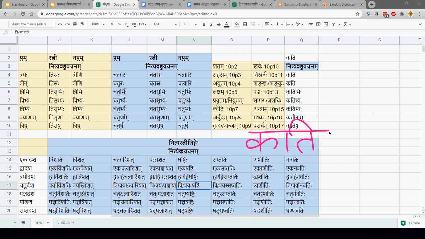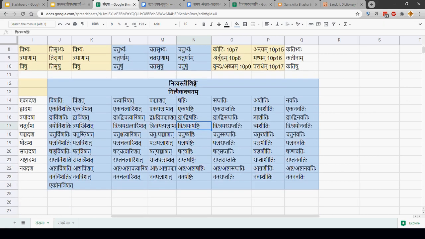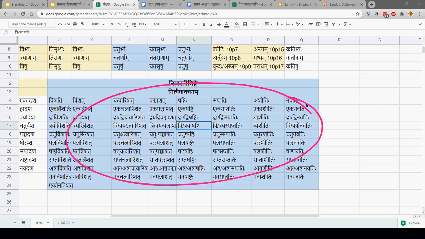Sanjeev ji, when we are saying like, okay, 60, 61, 62, 63, 64, so we are writing the 1, 2, 3, 4 prior to the 60, right? Yes. Okay. So then, does that 1, 2, 3, 4 change form? No. In this table here, this part, they don't change the form.